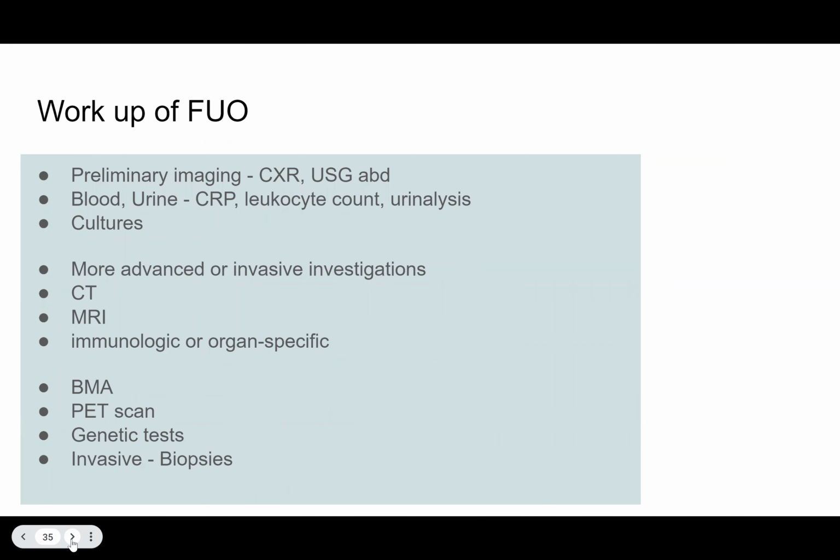We might look for occult abscesses somewhere, all those things. In Nelson, there are beautiful tables given. Please go through them. We can expect something from pyrexia of unknown origin. It can be kept as a ward rounds or ambulatory case also, because initial investigations are on an OP basis. So a fever child can be kept as an ambulatory case too.